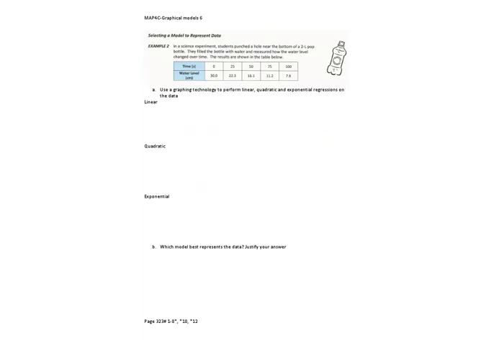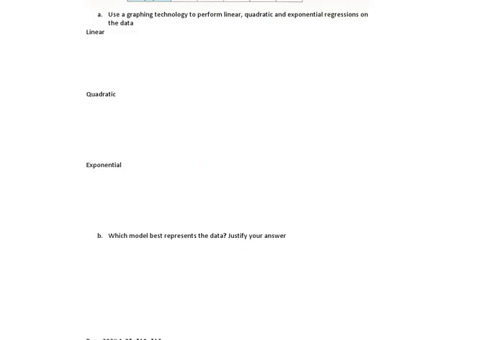Now let's take a look at another question, for example. Okay? So this question wants you to use Excel to select a model. Okay? So in this experiment, students punched a hole near the bottom of a 2-liter pop bottle. They filled the bottle with water and measured how the water level changed over time.